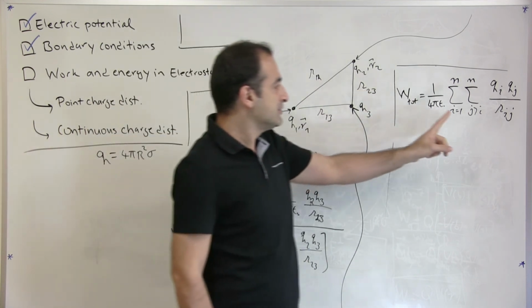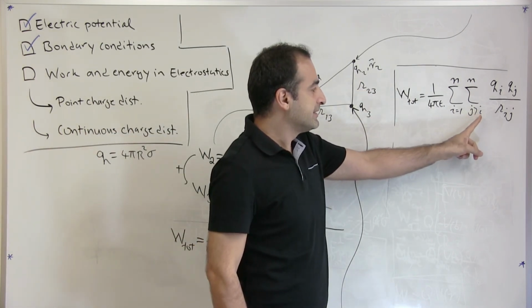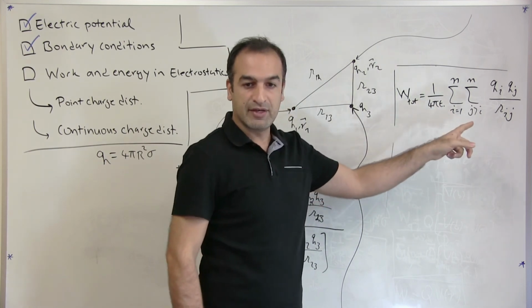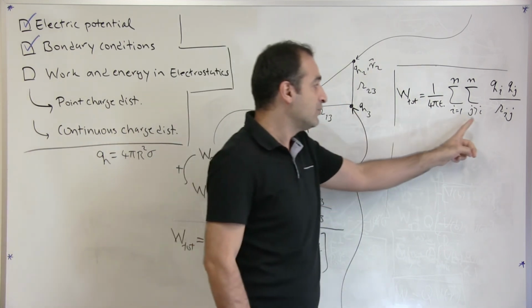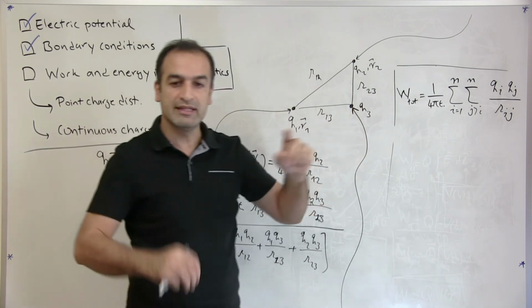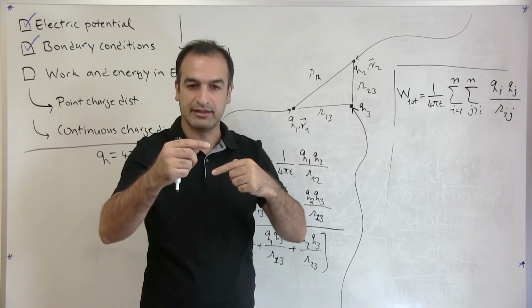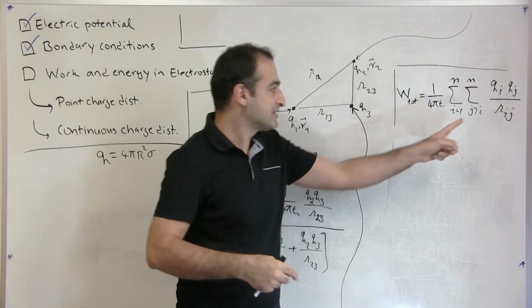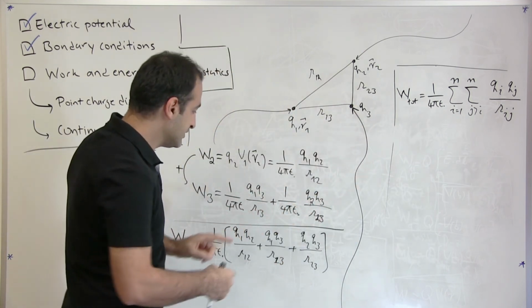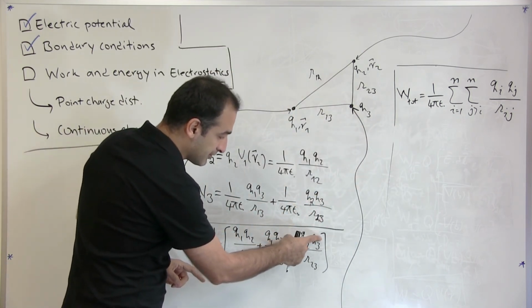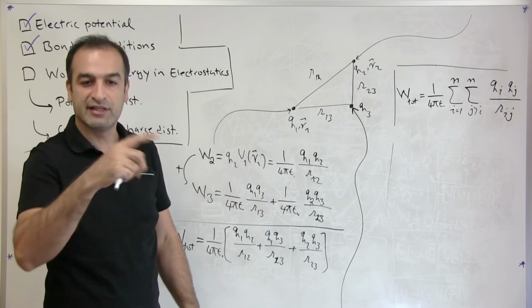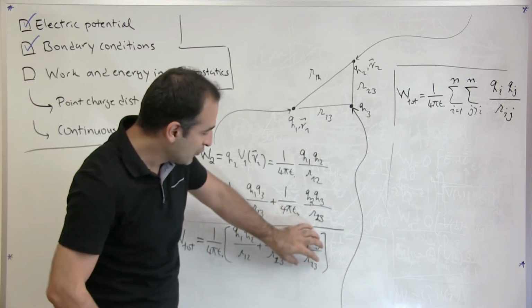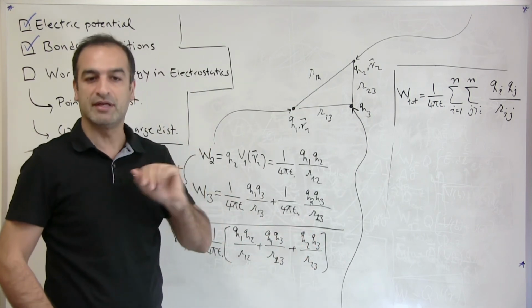Why did I choose j greater than i and not j starting from 1? Because if I start from 1, I'm double counting the contributions. I will be counting Q2, Q3, and also Q3, Q2. So I'm counting one of these terms not once, but twice.